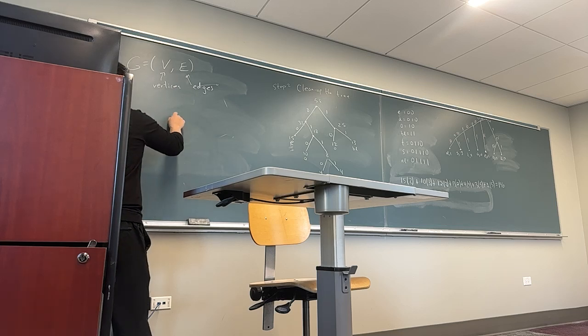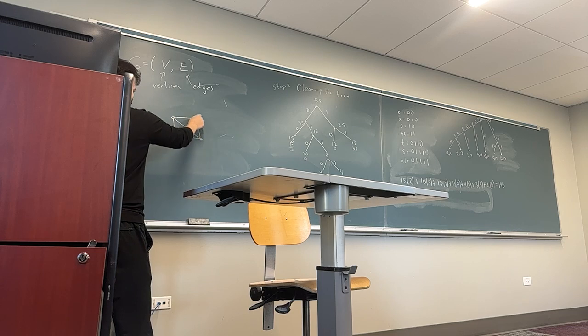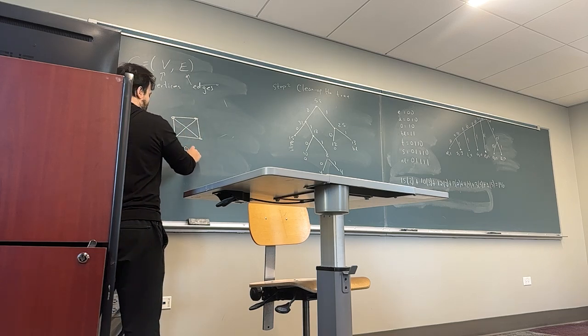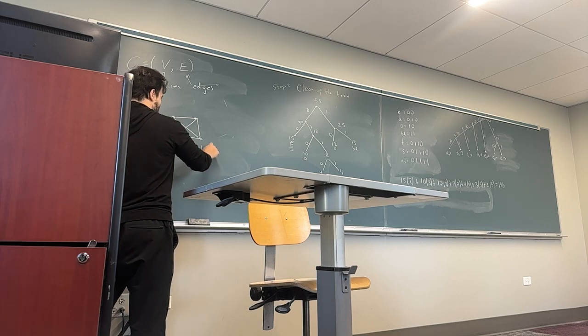Okay, so an example of a graph. This would be K4, the complete graph on 4 vertices.